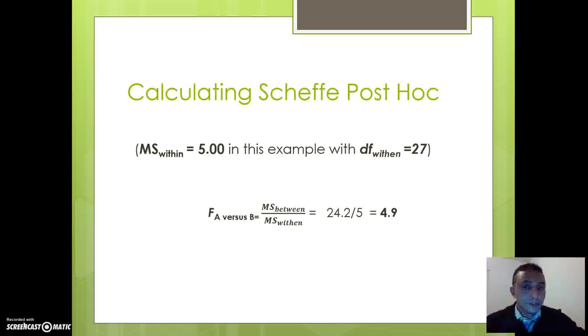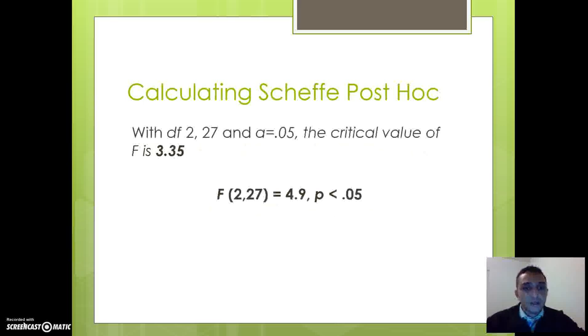Now back to the Scheffe equation. F sub A versus B equals mean square between over mean square within, and that's 24.2 over 5. It's 4.9. So 4.9. Okie doke.